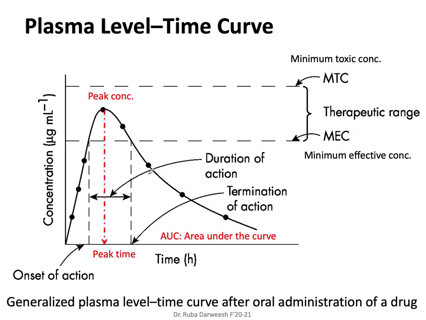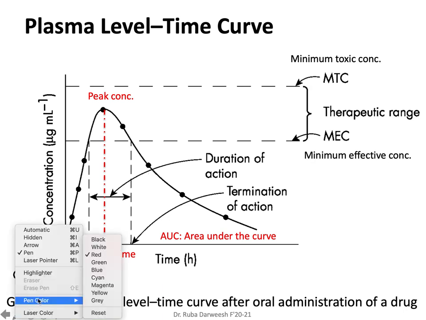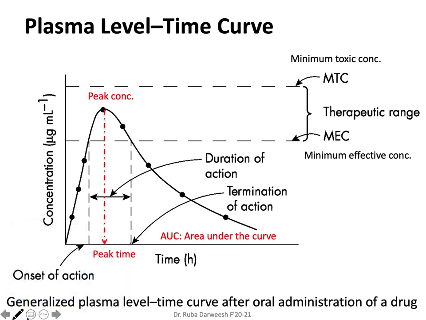There are a lot of parameters that we know, which are called kinetic parameters, or pharmacokinetic parameters related to the drug. We will talk about these in detail again in a later model, but examples are the peak concentration, or the maximum concentration of the drug.